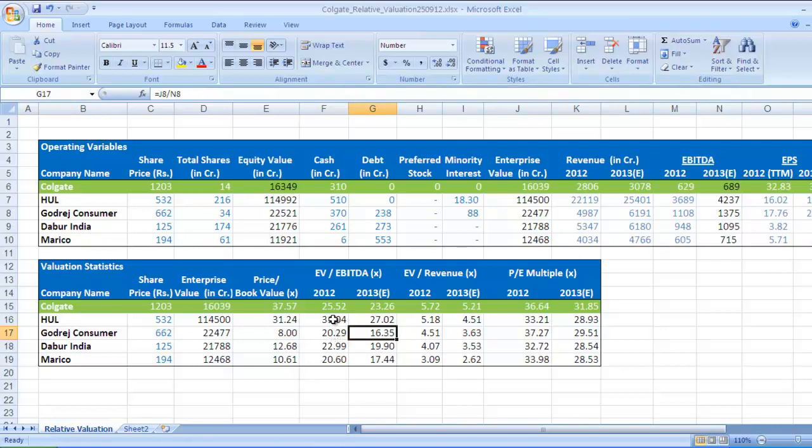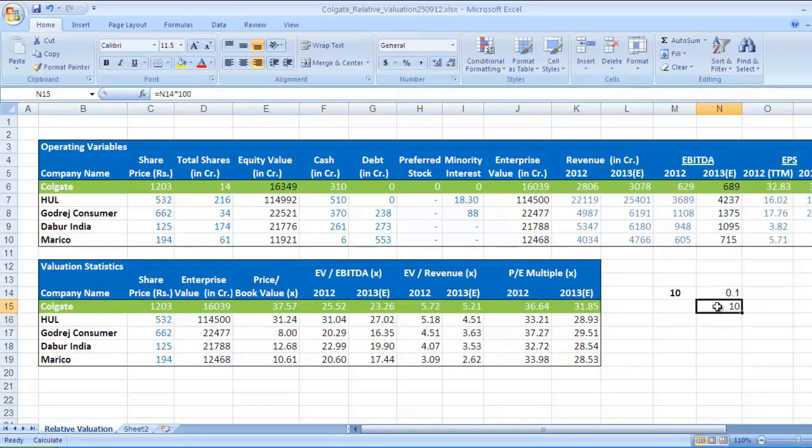Okay, so look at these ratios. The lower the better in this case. Again, you need to compare it with the industry. If EV by EBITDA is, let's say, 10 times, and you reverse the ratio, that is EBITDA by EV, it will give you 10%.